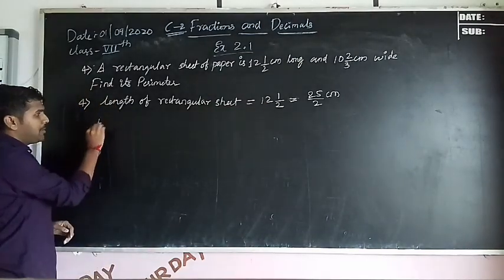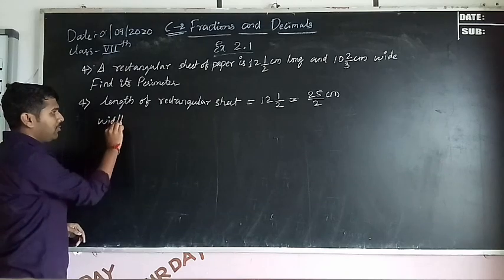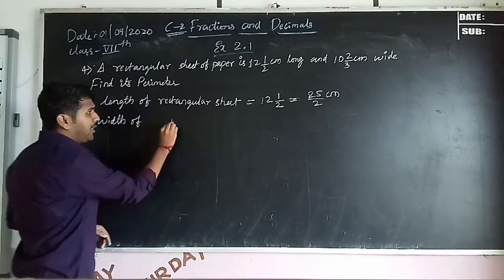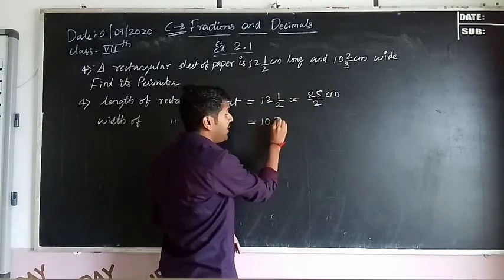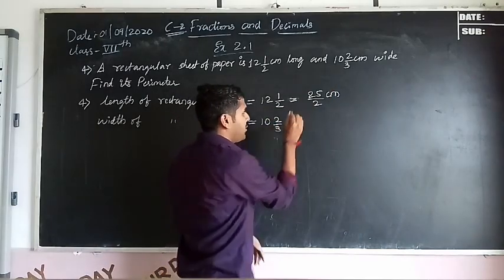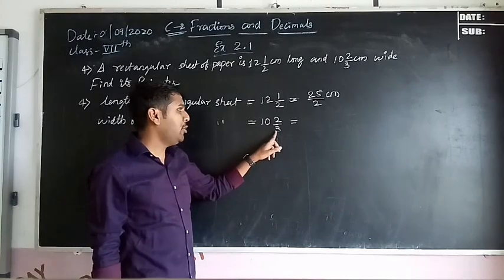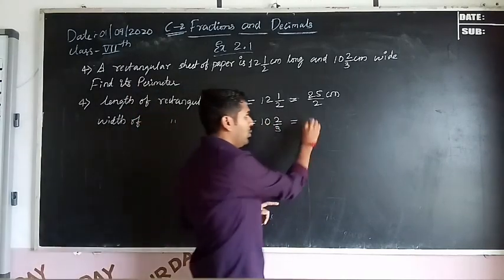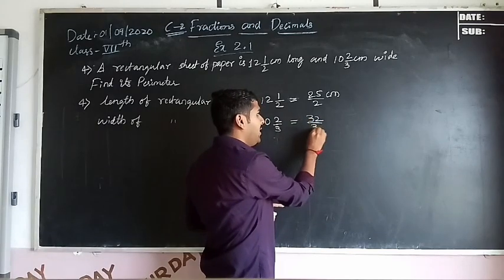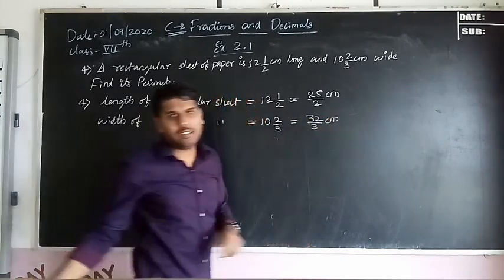So next, width of the rectangular sheet equals, what is the width given? 10 integer 2 by 3. So convert it: 10 into 3, 10 3s are 30, 30 plus 2 is 32. 32 by 3 centimeter. Okay.